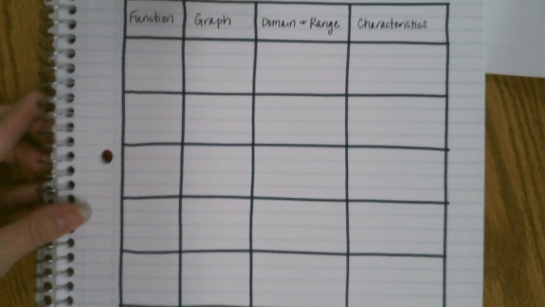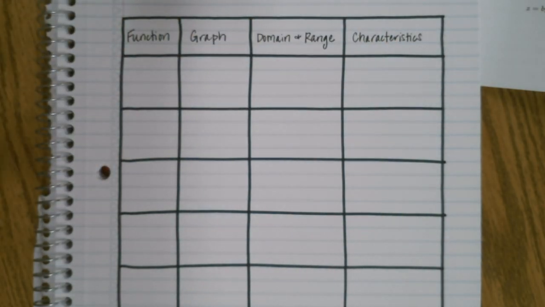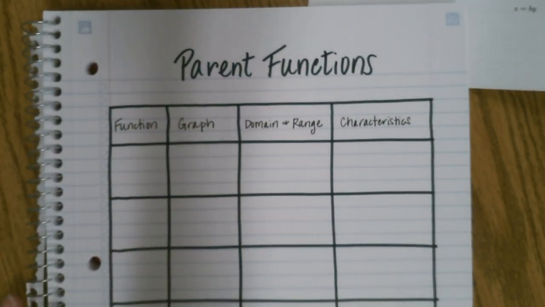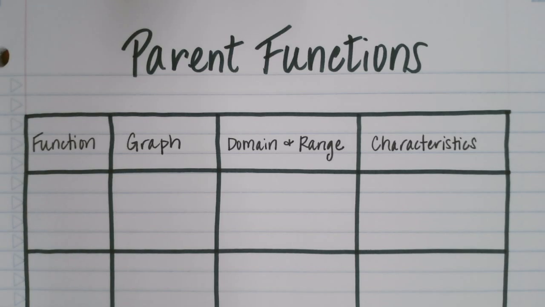So again, I've got my row up here with the titles of each one, and then 6 sections below, and 4 columns across. So my recommendation would be to pause the video so that you can get your paper set up, and then once it's set up you can continue.